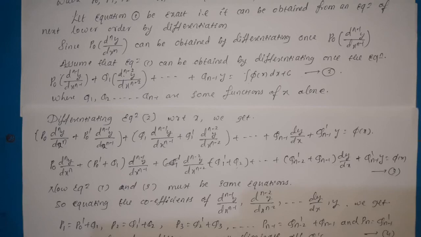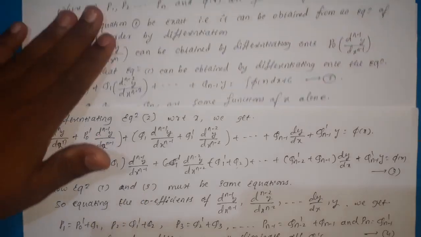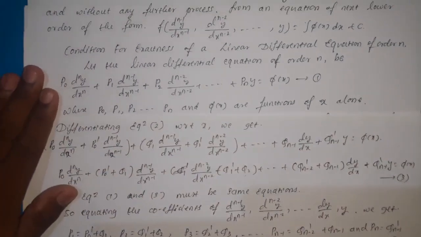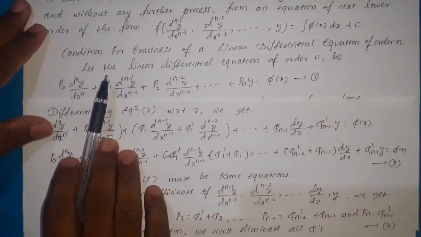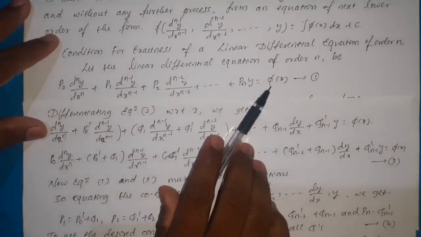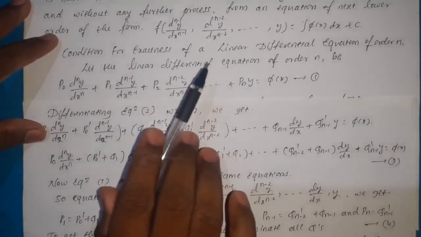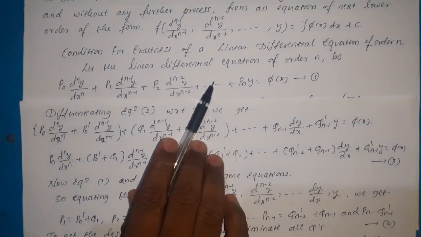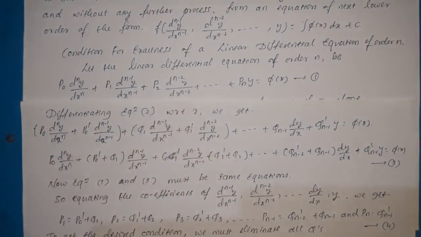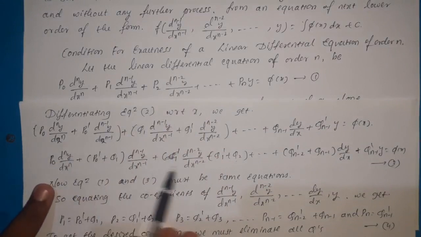Right now, here we have the first equation and we have assumed that it is exact, and also we have considered that this is derived by the differentiation of the second equation. So when we actually differentiate the second equation, we get this equation.